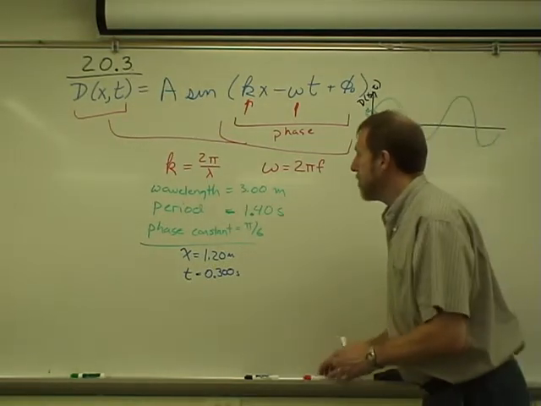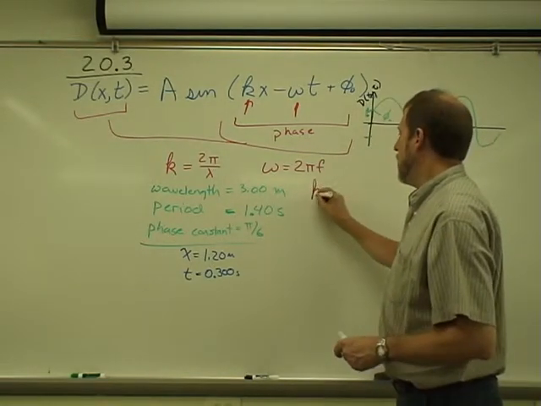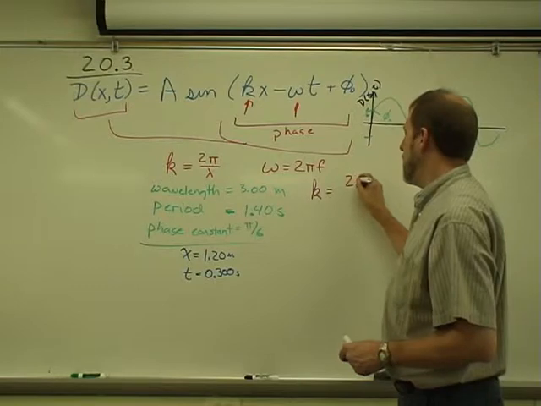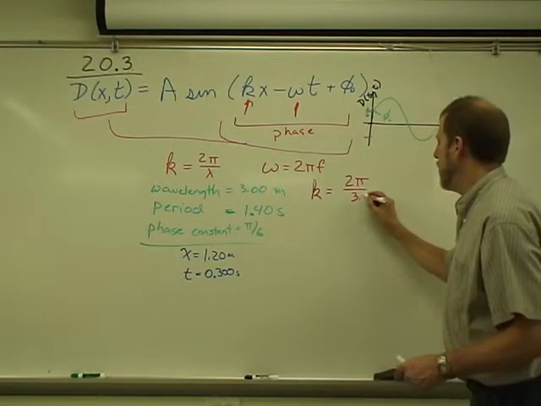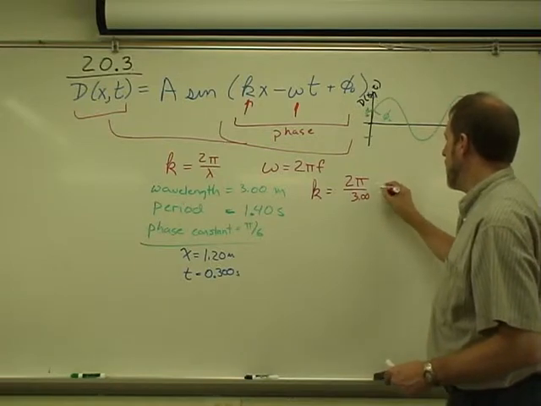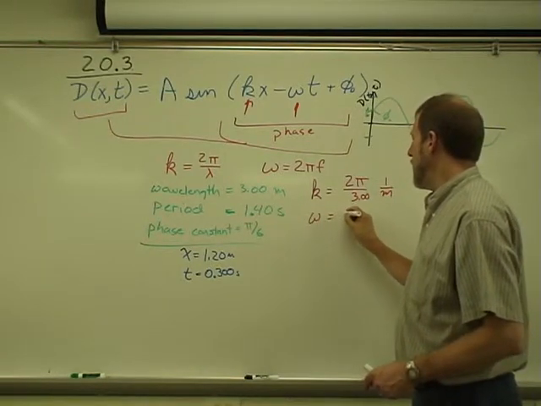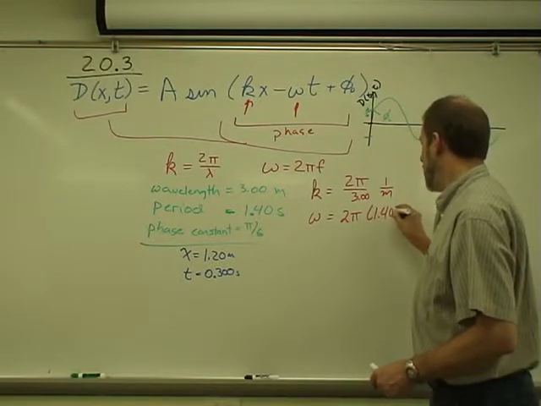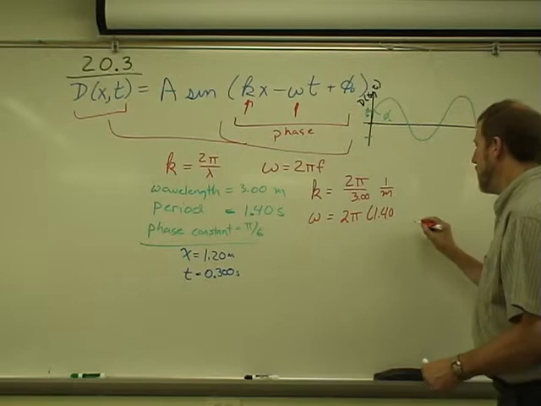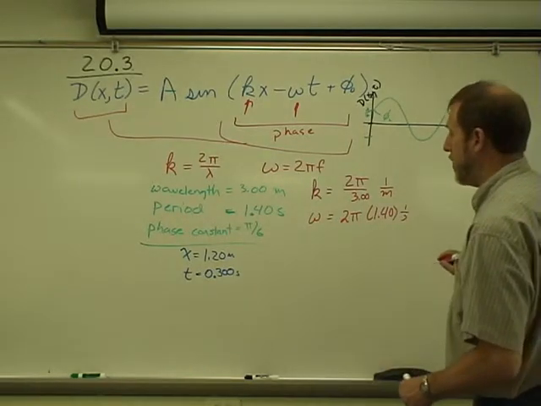Now, the wavelength is 3 meters, so k is 2 pi over 3, 1 over meters. Omega is 2 pi times 1.4, 1 over seconds.